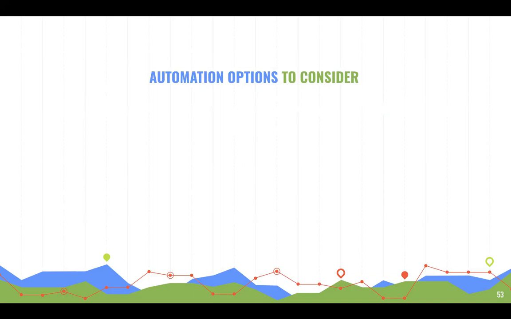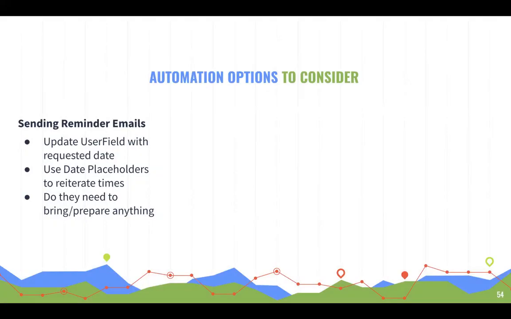Some automation options to consider when you are setting up your booking calendar for your business. Firstly, would just be setting up the reminder emails. So leading up to the appointment, if you have pretty in-depth information on what you want the client to bring or prepare, you can send that in a reminder email.